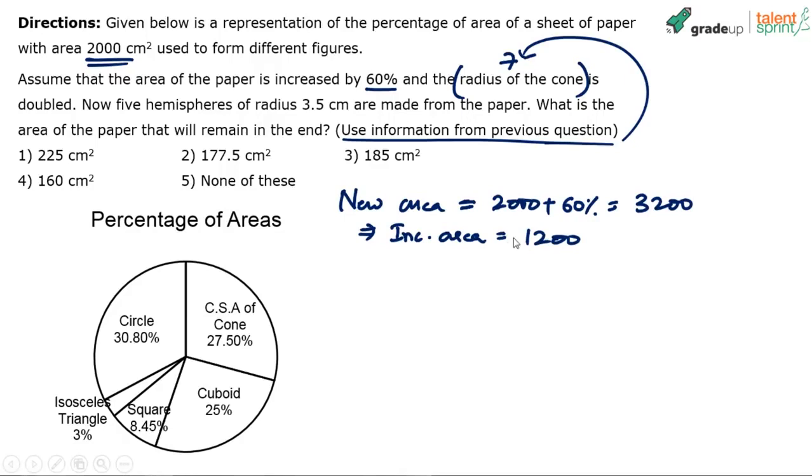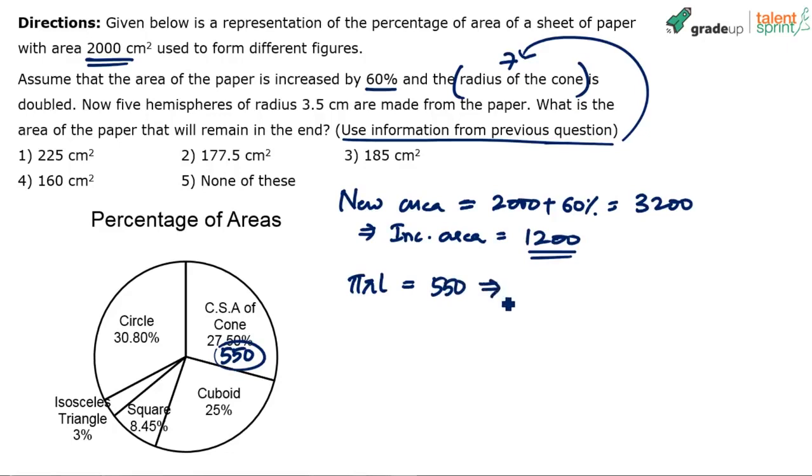Now, what else has happened? Area has increased 1200. Now, radius of the cone is doubled. See, here is the cone, right? The requirement of cone was 550. We found that this came out to be 550 earlier. But now the radius is double. What is 550? Pi RL is equal to 550.